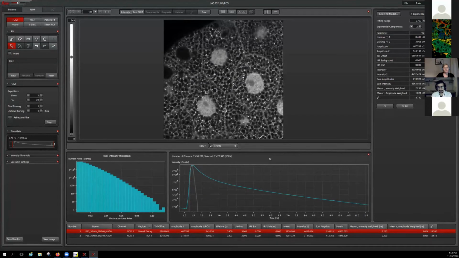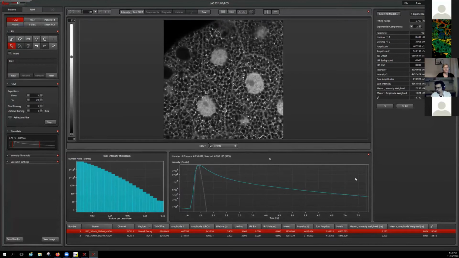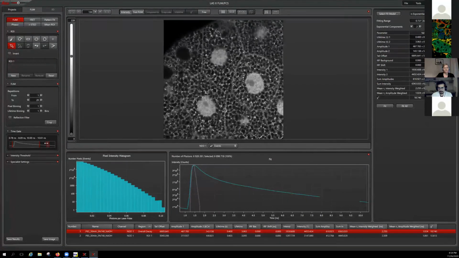Sometimes it might be necessary, because we can have a bump from back reflection in our system, depending on the setting that we use. So if you have some kind of abnormality in your decay curve, you can add a time gate and discard that small part if needed. Typically, it's not really needed, specifically when we do multi-photon FLIM.